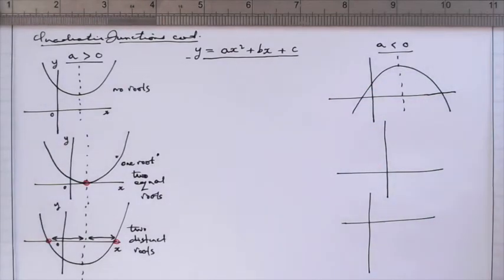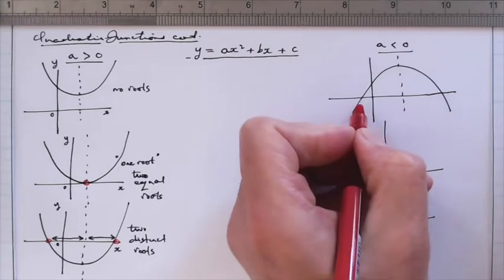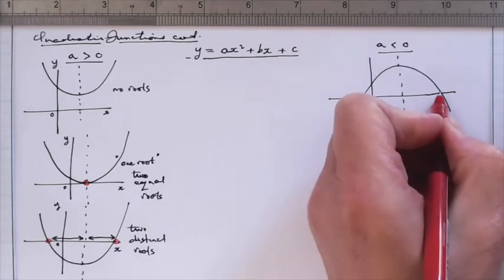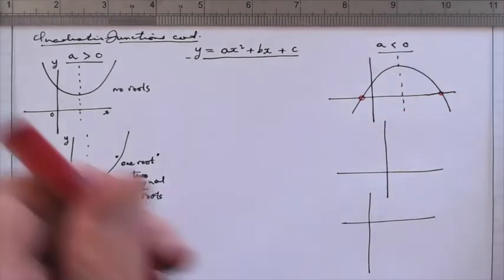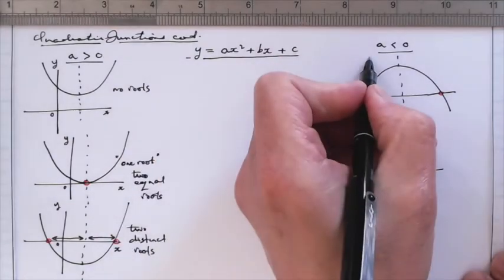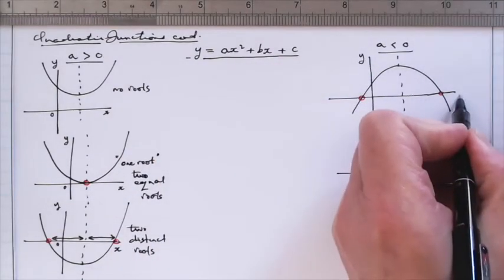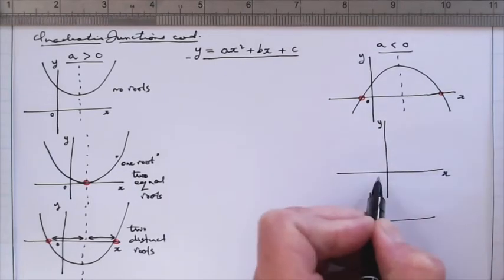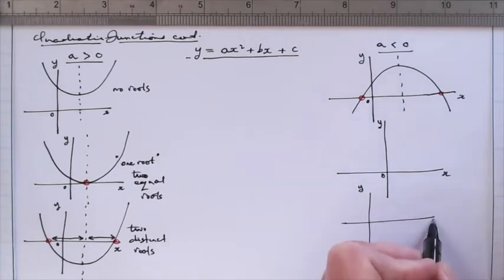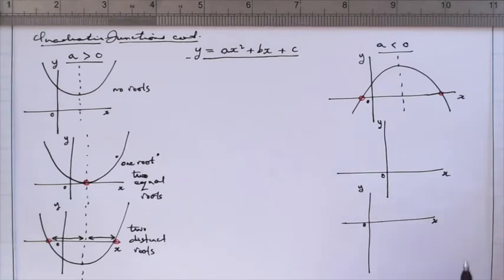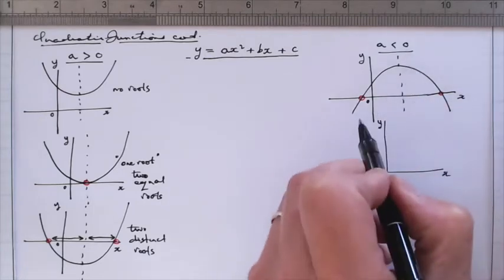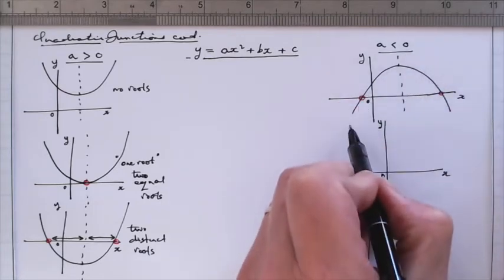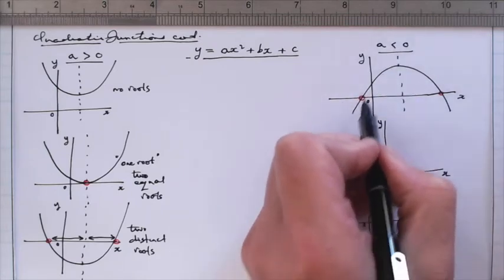Now in this case, this curve has passed through the x-axis in two places. It has two roots. I just have to keep making sure, as good practice, to label the axes. It's a very good discipline to get into. Otherwise, one doesn't know what one's looking at. So here's my first example of a parabola with a negative.